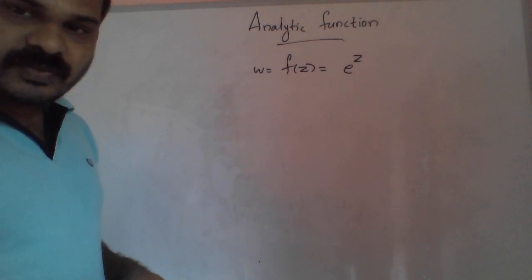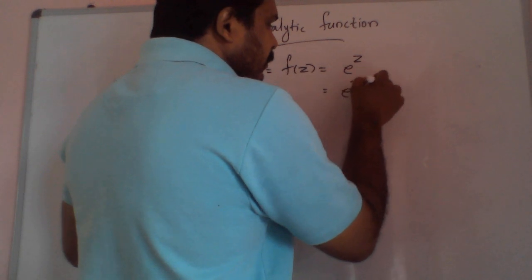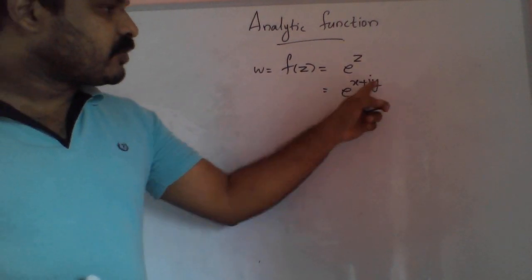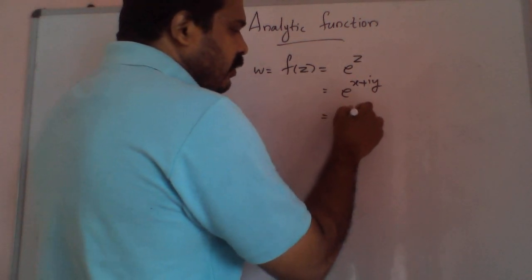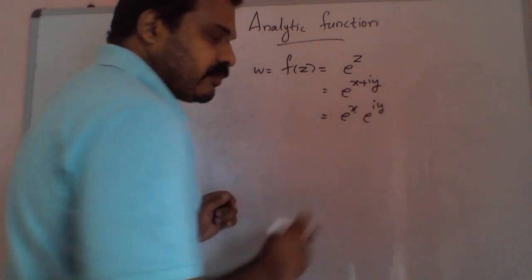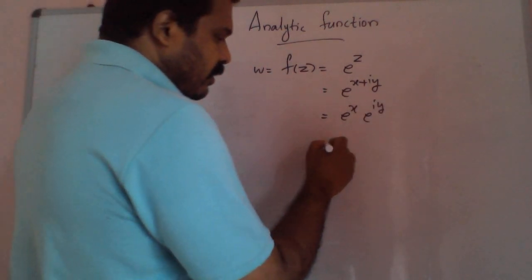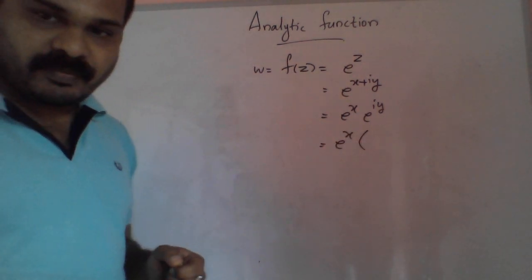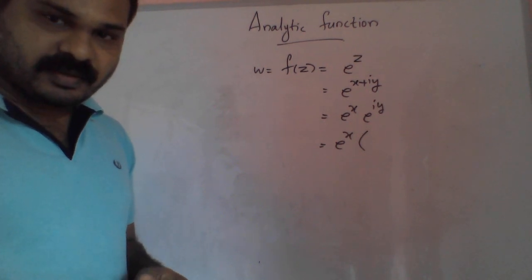We have e raised to z is e raised to x plus iy, where z is x plus iy. And we have e raised to a plus b is e raised to a into e raised to b. That is e raised to x into e raised to iy. We have e raised to i theta is cos theta plus i sin theta.